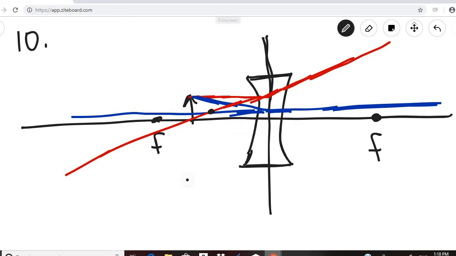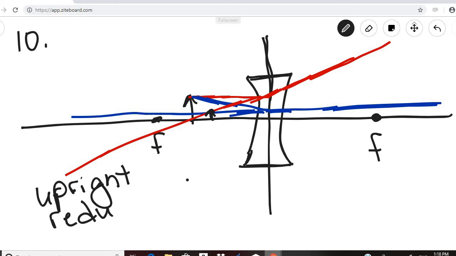Okay, so this is the bottom, so this is the top, so it would be drawn like that, so it's upright. It's clearly reduced. And because we had to extrapolate the lines out, it is virtual.